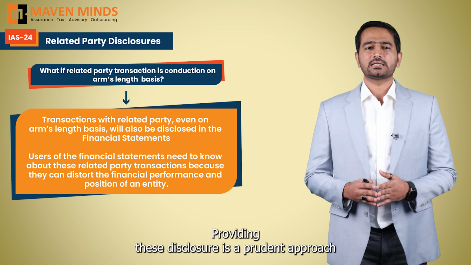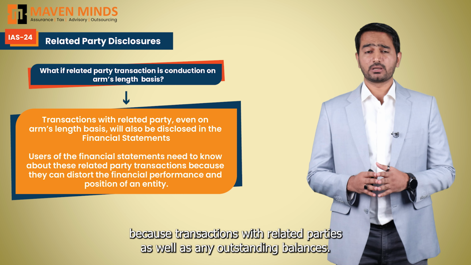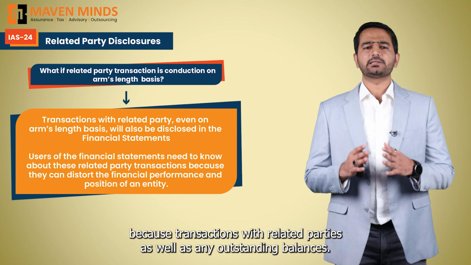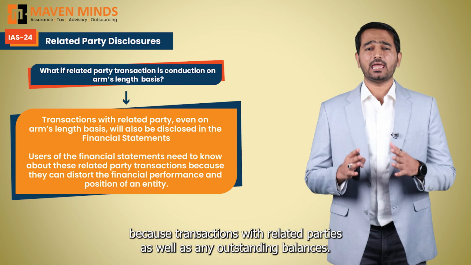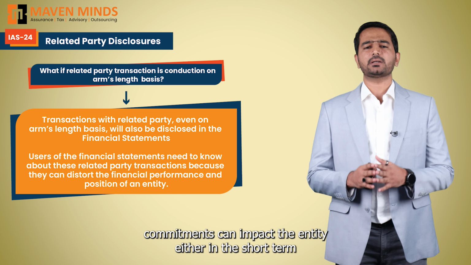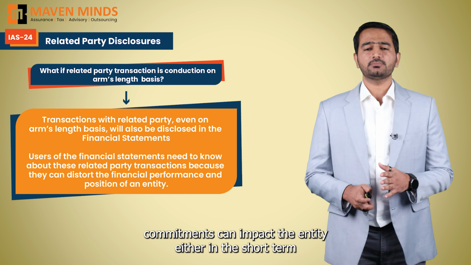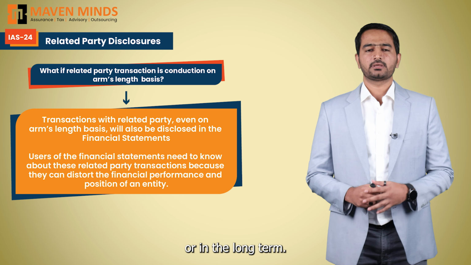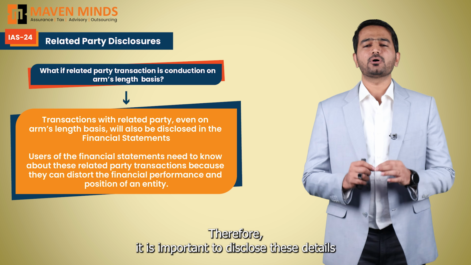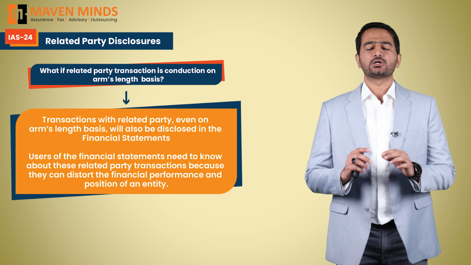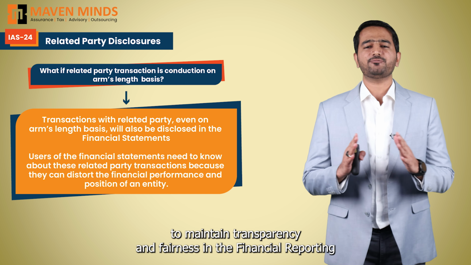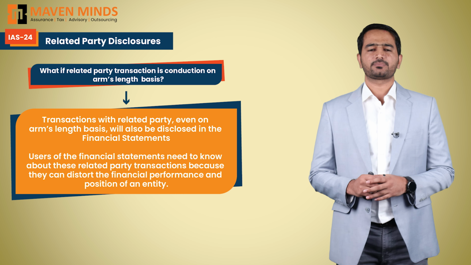Providing these disclosures is a prudent approach because transactions with related parties as well as any outstanding balances or commitments can impact the entity either in the short term or in the long term. Therefore, it is important to disclose these details to maintain transparency and fairness in the financial reporting.